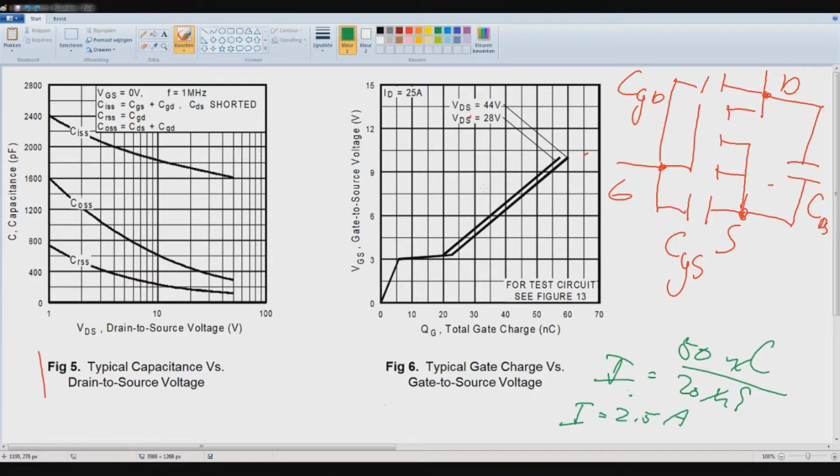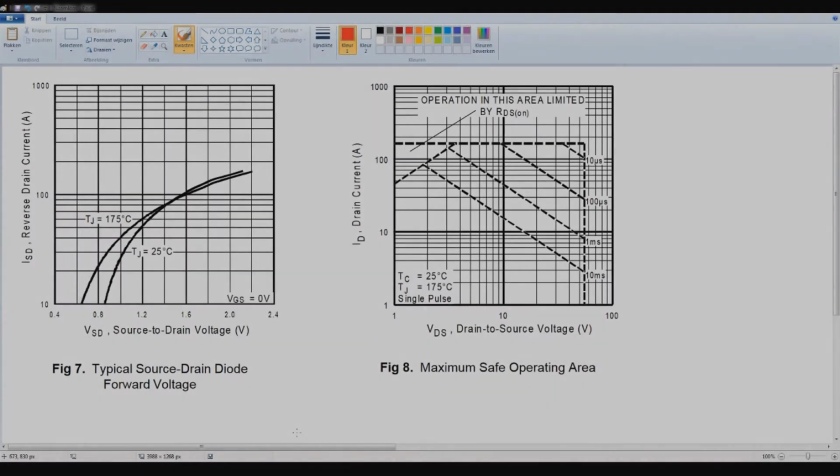So let's take a look at the next couple of graphs. Next up is figure 7, typical source to drain diode forward voltage.